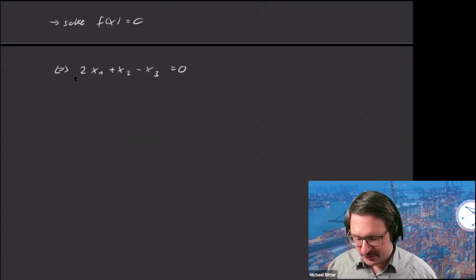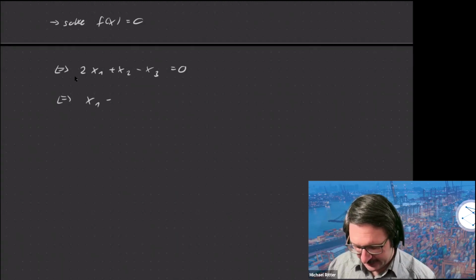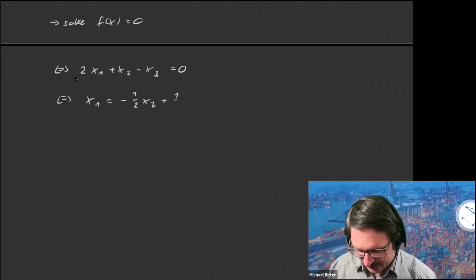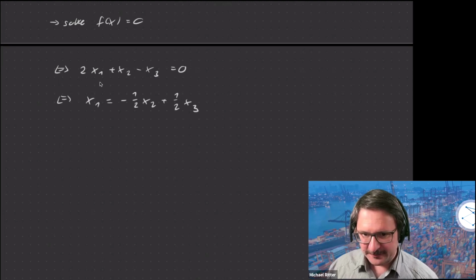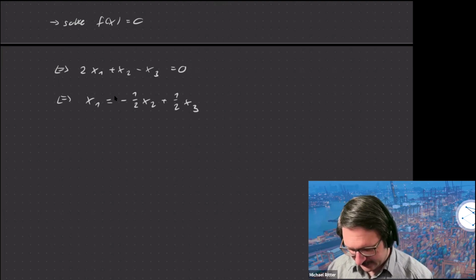So we can choose to, for example, solve that for x1. x1 would be, let's see, minus 1 over 2 x2 plus 1 over 2 x3. And x2 and x3 would be free variables. So x3 is a free variable, x2 is a free variable, and x1 we just solved.